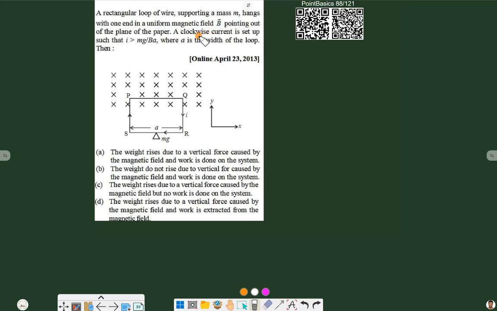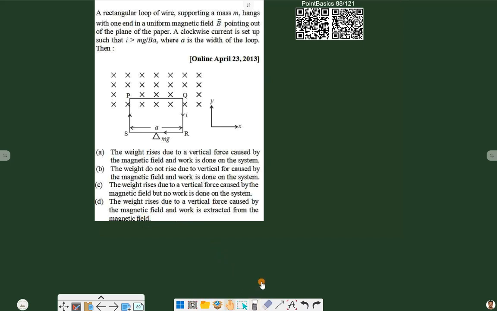Clockwise current is flowing such that I is greater than mg by Ba, where a is the width of the loop. Then the weight rises due to vertical force caused by the magnetic field and the work done on the system. Weight does not rise. Weight rises due to vertical force caused by the magnetic field, but no work is done. And weight rises due to vertical force caused by the magnetic field and work is extracted from the magnetic field.